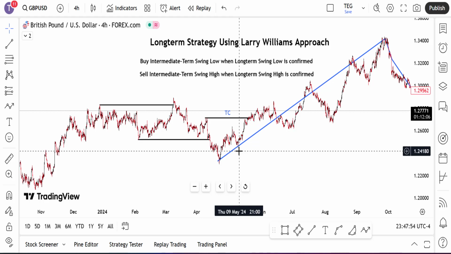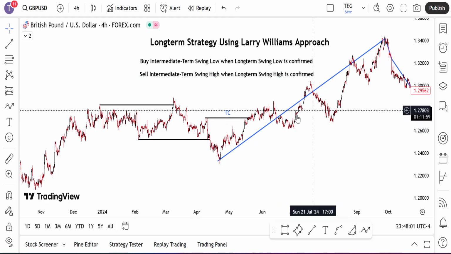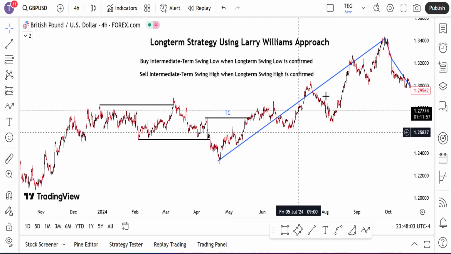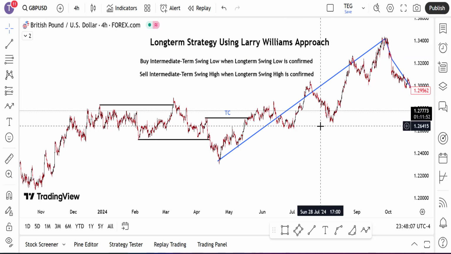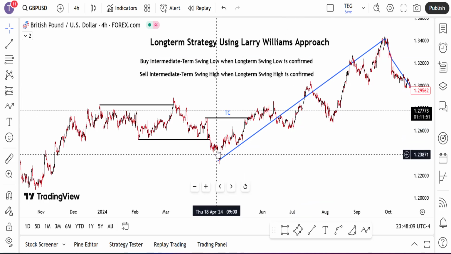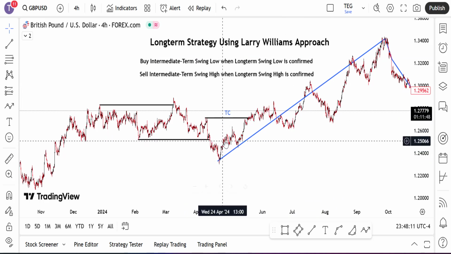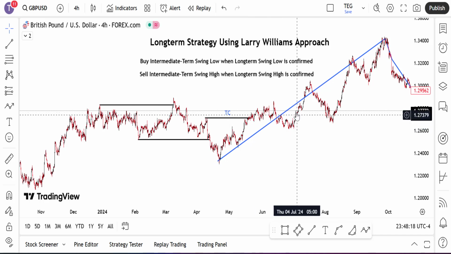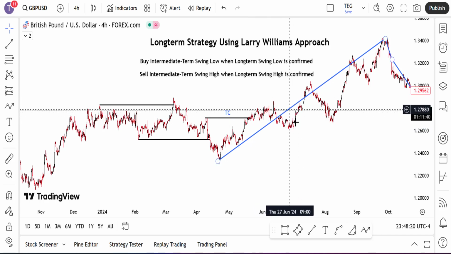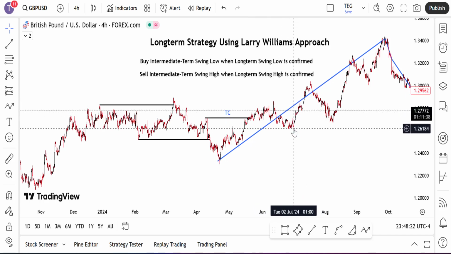So when the long-term swing low has been formed, we keep on buying our intermittent swing low after we have confirmed that our swing low is formed in the market. So now we already confirmed that our long-term swing low is formed. What do we do at this approach? We keep on buying from every intermittent swing low in the market. You understand what I'm saying?